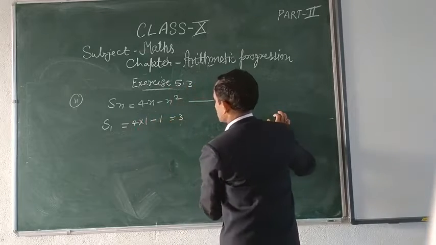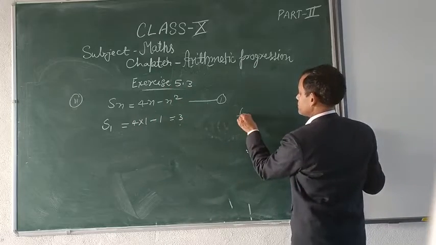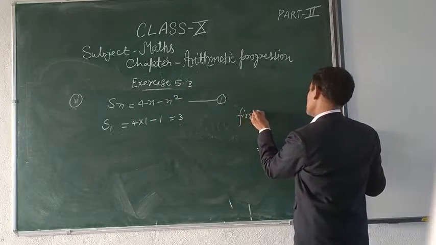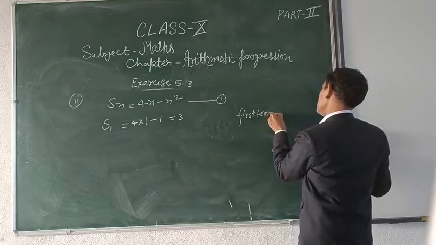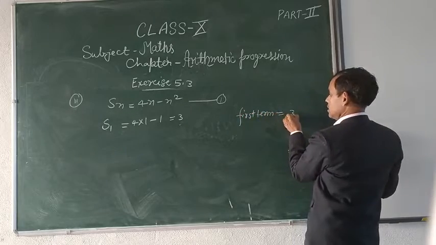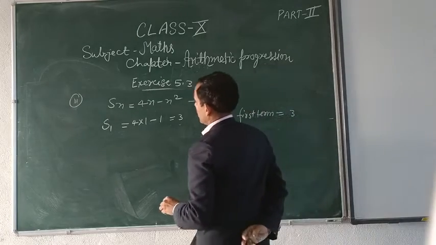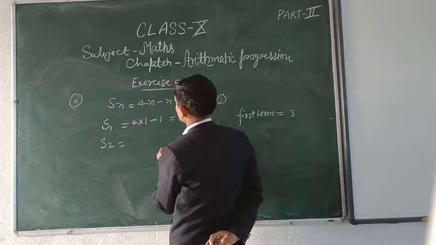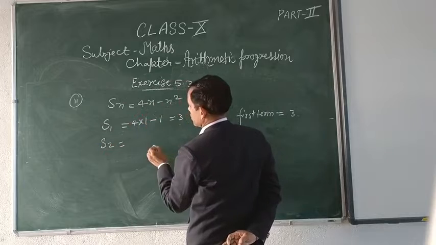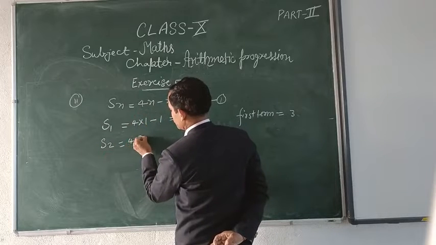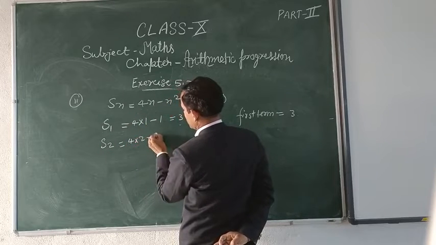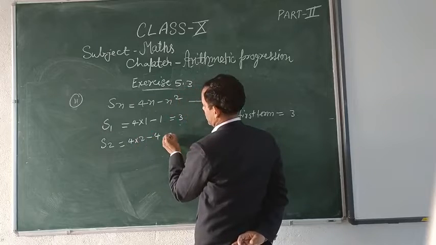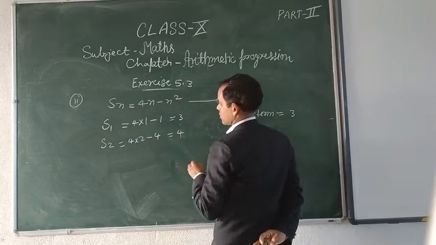So our first term will be 3. Okay. And we want S2. S2 means in place of n we put 2. 4 into 2 minus 2 square, which means 4. Then it will be 4.